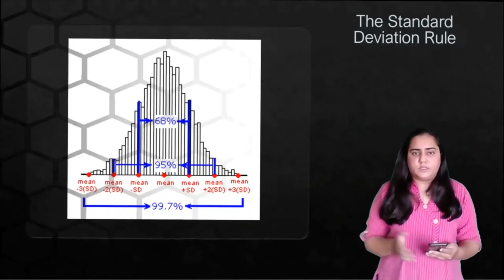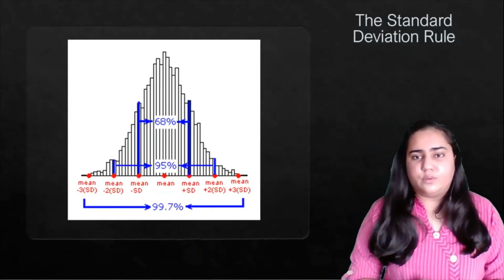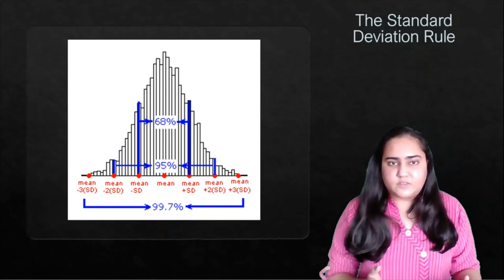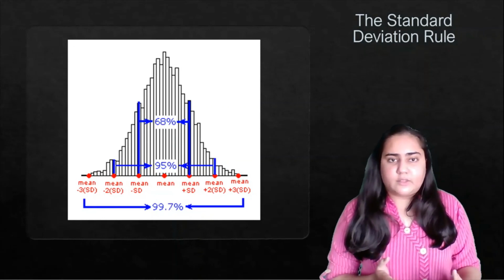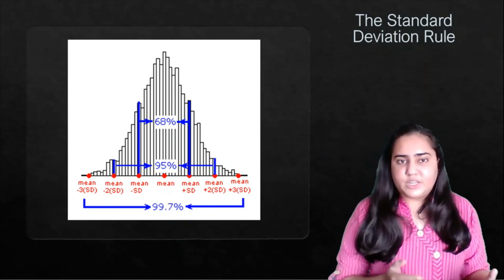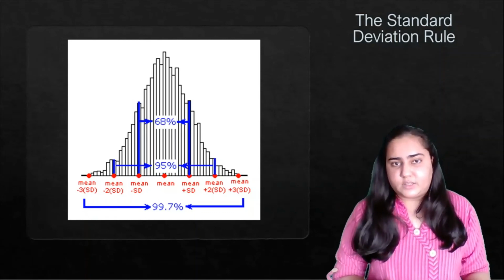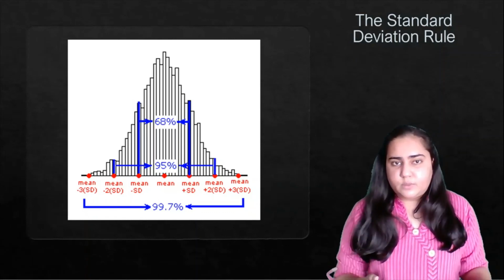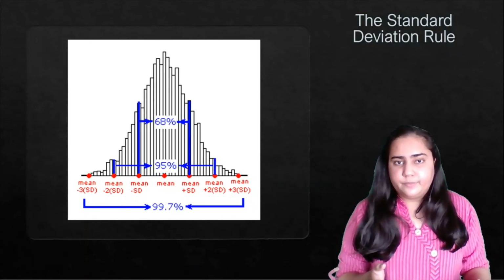You'll get to know this better with a diagram. So here you can see the diagram, and within it you will notice how the mean and standard deviation calculation is done. Right in the middle, you have the mean. On the left side, you have mean minus standard deviation. On the right, there is mean plus standard deviation. The area between that is 68% of your data.